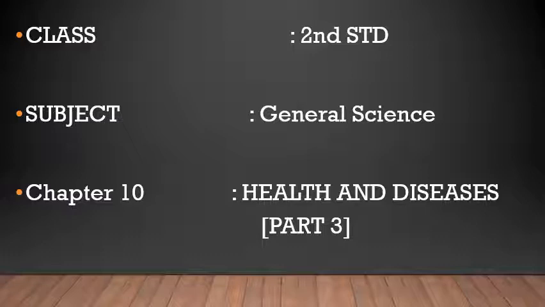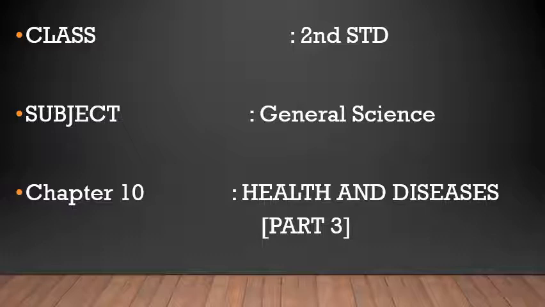Then we learned what immunity is and what diseases are. Immunity is the ability of our body to fight back diseases. And what is a disease? A disease is a disorder of the body where it cannot function properly. Then we learned there are two different types of diseases: communicable diseases and non-communicable diseases.